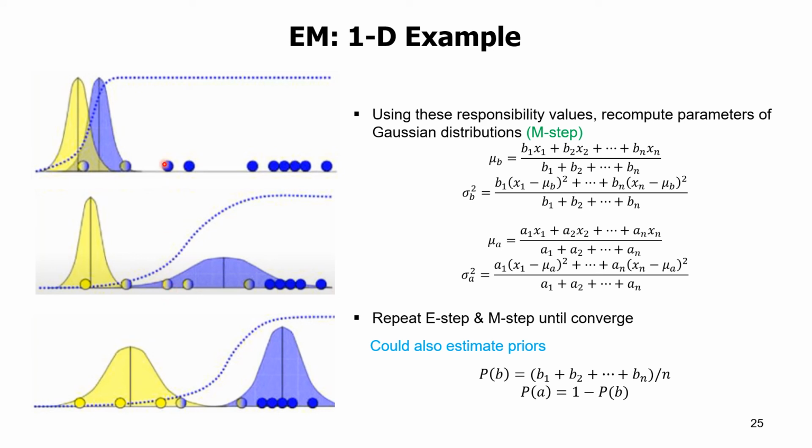For example, this one strongly belonged to Gaussian B, but now it's like half and half. Because the Gaussian distribution has changed, the posterior probability has changed as well. So you repeat between E step and M step like this until there is no change. This is the final result: the final Gaussian A and Gaussian B, and this shows the posterior probability of each data, how much each data belongs to which cluster or Gaussian.